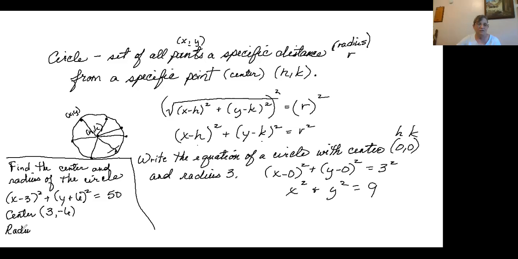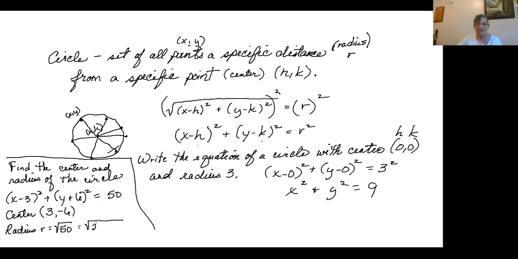The radius, r, is going to equal, because this is r squared, the square root of 50. Now, as a quick review, when we simplify a radical, we want to rewrite the radicand, whatever's inside the radical.